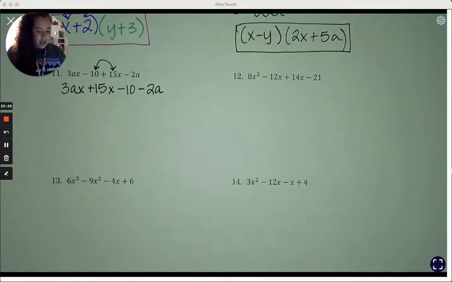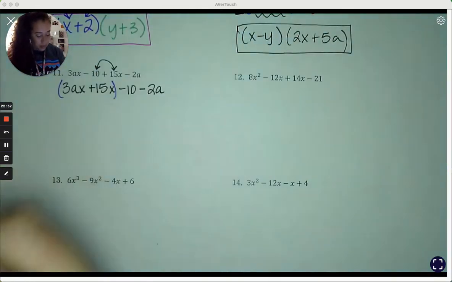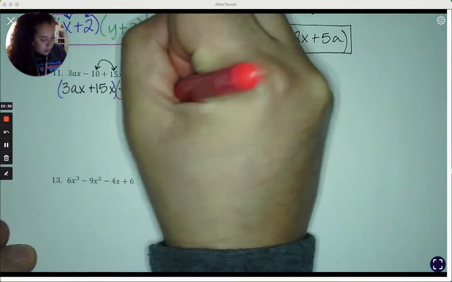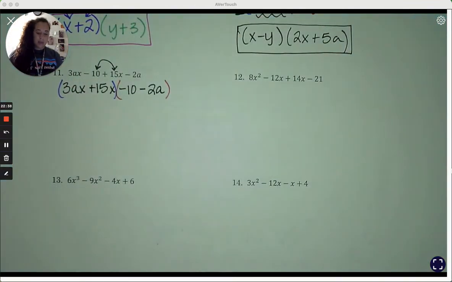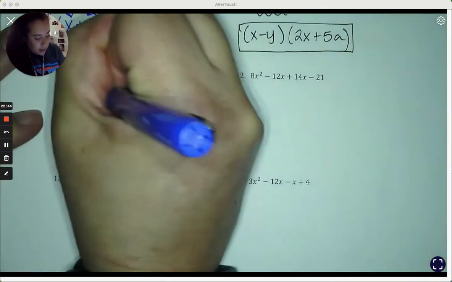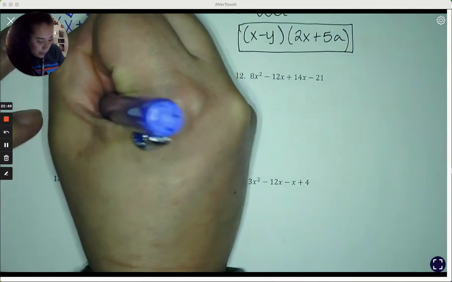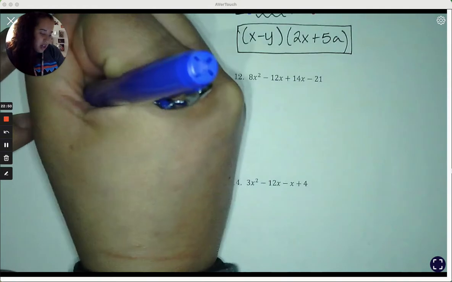So we still have blue, we still have red. Looking at my blue, in terms of coefficients, both of these are divisible by 3, and they both share an x.